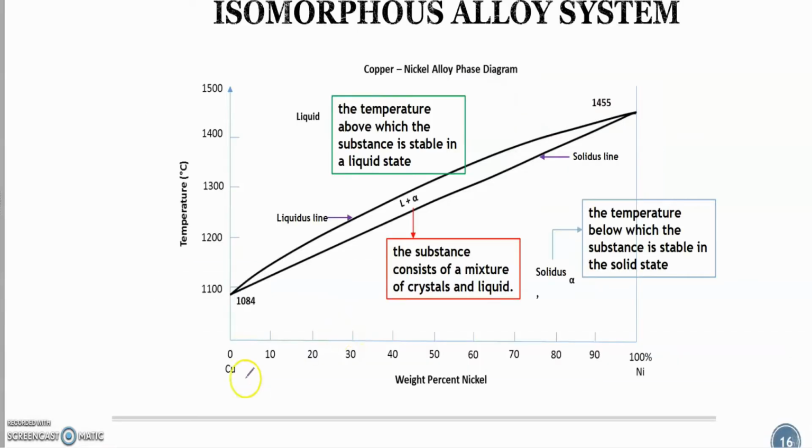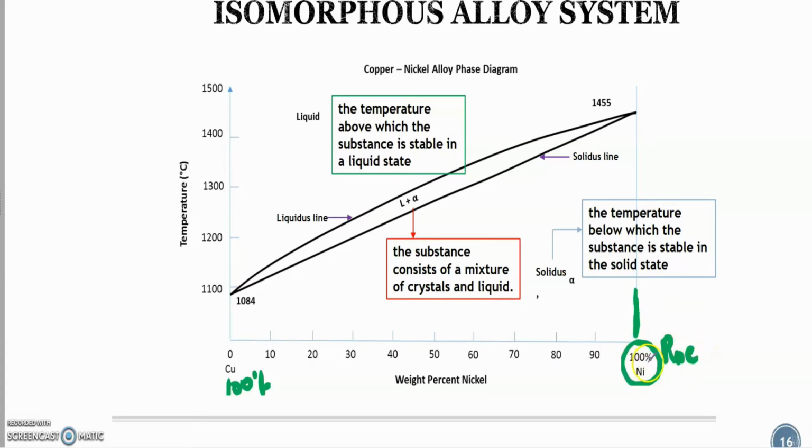Okay, so kita sambung. Copper ni, pada belah kiri ni, menunjukkan pure copper. 100% adalah copper, manakala belah kanan, in the right edge adalah 100% nickel ataupun pure nickel lah kita panggil.